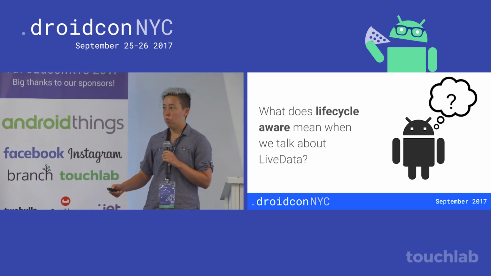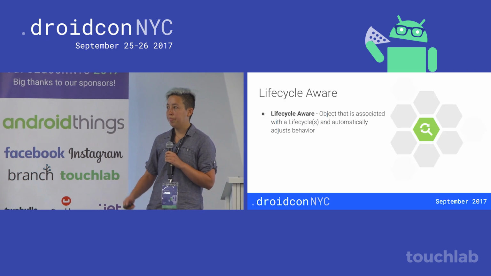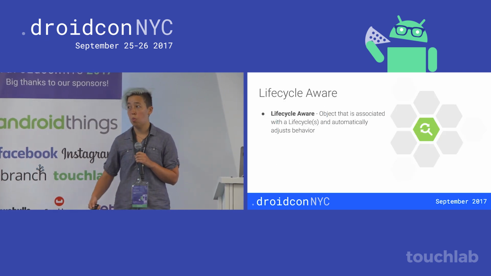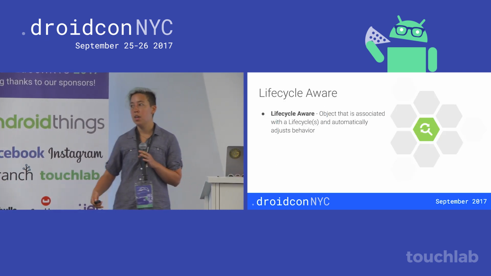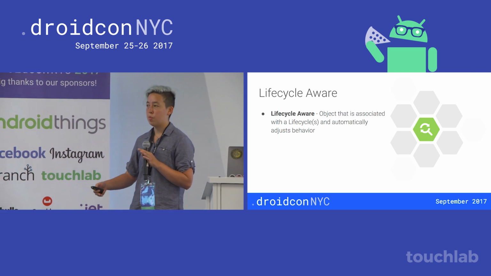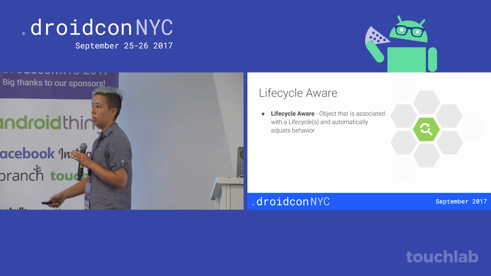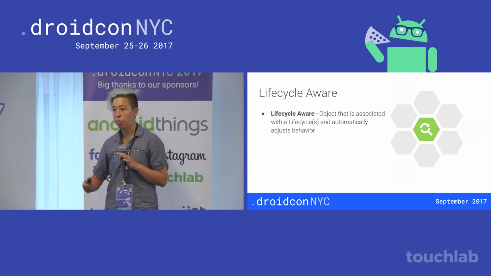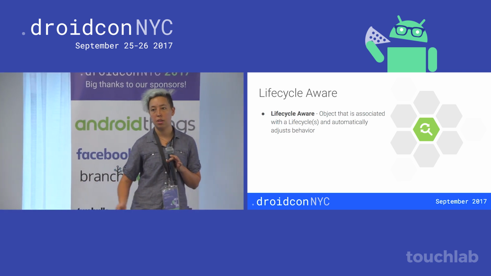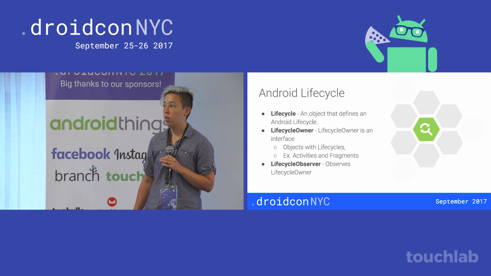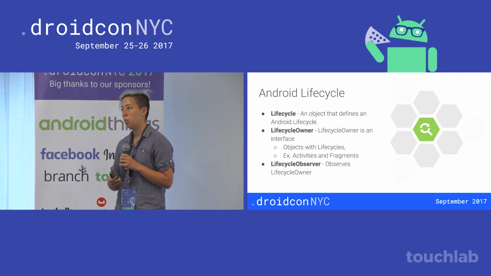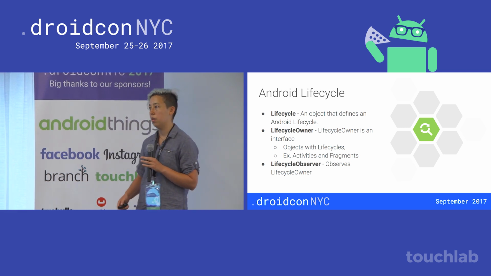Okay, so let's talk a little bit about what lifecycle aware means when we talk about LiveData. In general, lifecycle awareness is the concept that's part of the library, which is that you'll have objects that are observing lifecycles and will automatically adjust their behavior in accordance to the lifecycle. Okay, so there's three new classes and interfaces that are part of this.